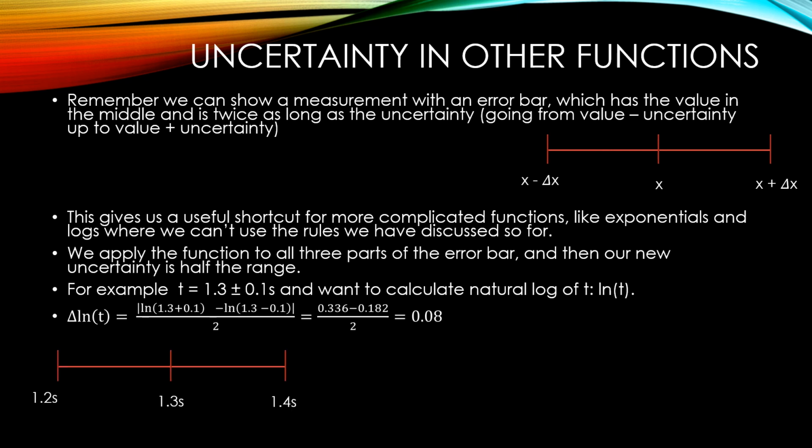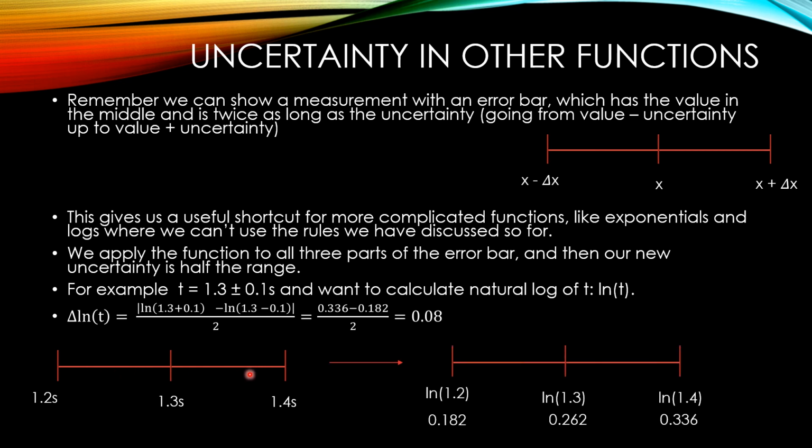So let's have a look at this error bar here. We can express t as 1.3 in the middle, and the true value is anywhere between 1.4 and 1.2. And we want to calculate the natural log of this, so we do the log. Log of 1.2 is 0.182, log of 1.3, 0.262, and log of 1.4 is 0.336.